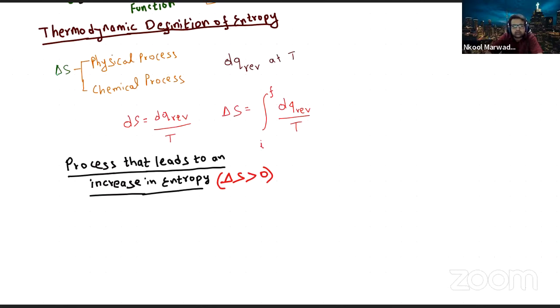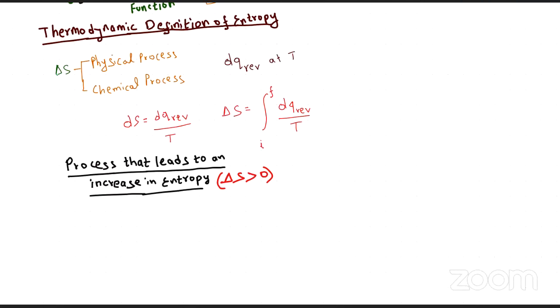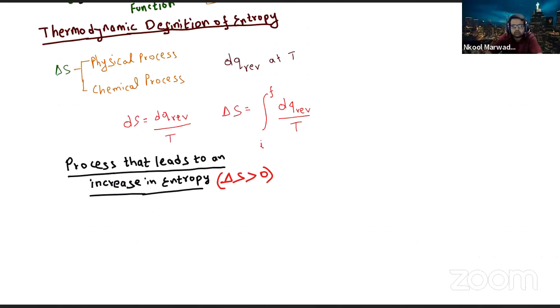It's very easy to understand. Whenever we go from solid to liquid, entropy will increase. In this process of melting, going from solid to liquid, entropy is increasing, and hence it is a spontaneous process.